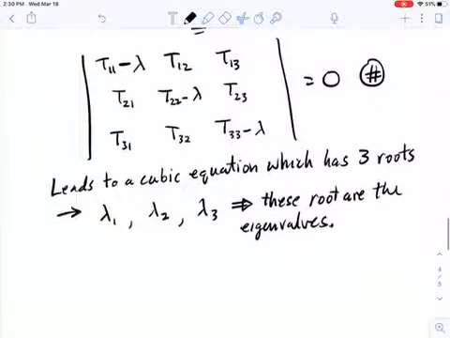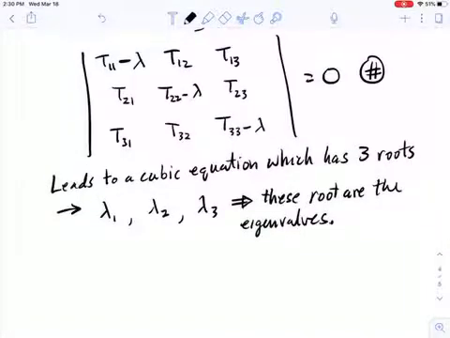So when we do this for a rotational inertia tensor, the eigenvalues that we're going to find correspond to the rotational inertia about each of the principal axes. So I1, I2, and I3.